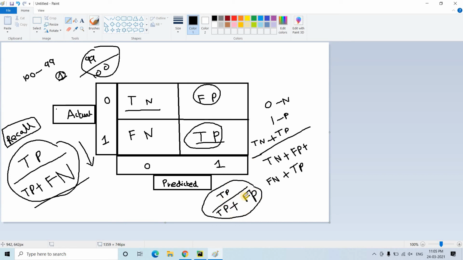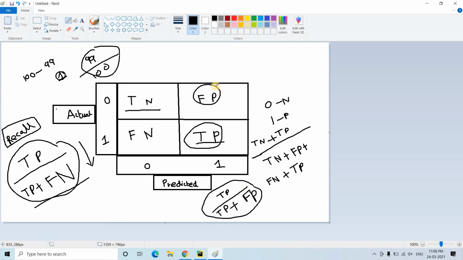So if you go through this formula, again, you just map this to this particular context. Obviously, the first target will be that true positive should be done properly. That is, actually it is a spam mail, and the prediction is also spam mail. Okay, good. Divided by TP plus FP.